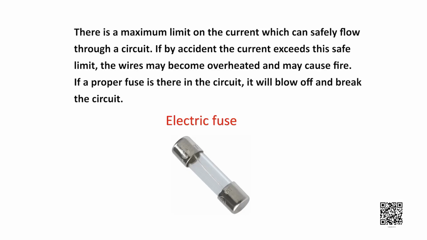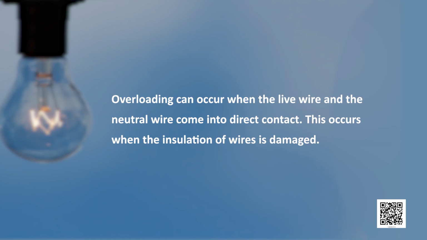In every circuit, there is something called an electric fuse. Now, a fuse in a circuit prevents damage to the appliances and the circuit due to overloading. Now, you must be wondering, what is overloading? Overloading can occur when the live wire and the neutral wire come into direct contact.